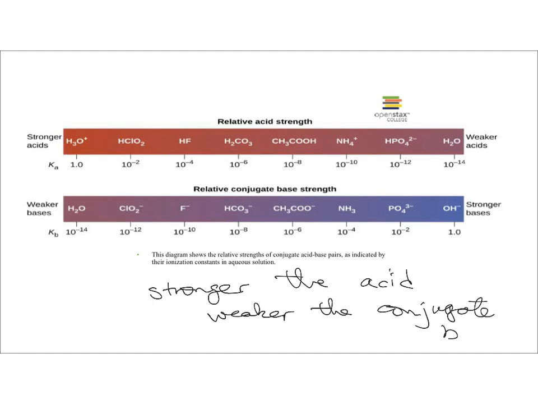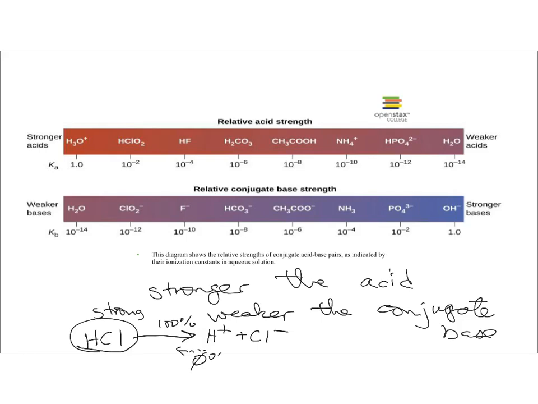So if we have something incredibly strong like HCl, which we know if we put in water is going to dissociate 100% into H+ and Cl-, because this is strong and the reaction goes 100% towards products, the reverse reaction goes 0%, and this is in fact so weak as to be inert.